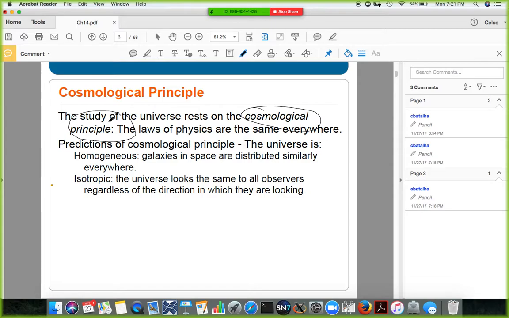This is not true on a small scale. Certainly the distribution of mass in our solar system is not homogeneous. You have more mass in the sun than you have in the planets. The distribution of mass in our Milky Way is not homogeneous. You have a massive black hole in the core, and you have stars that are going around in the circumstellar disk.